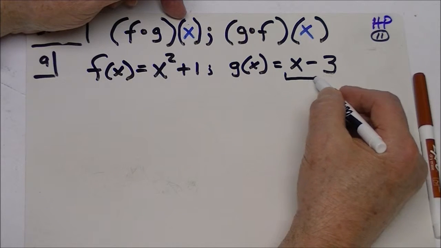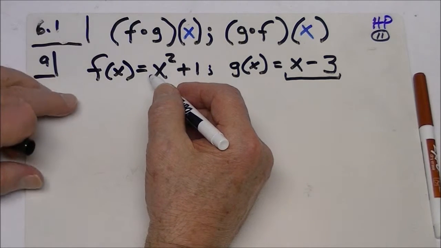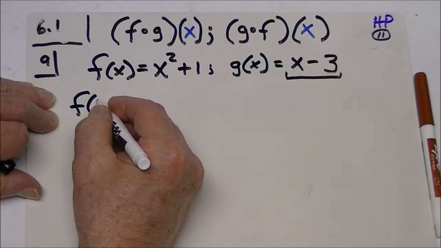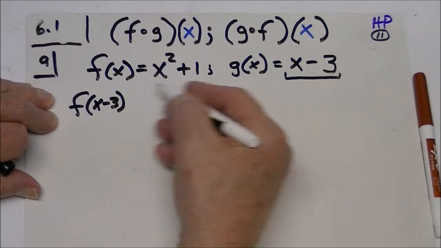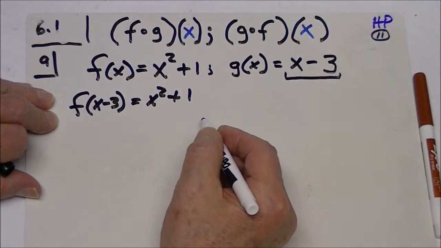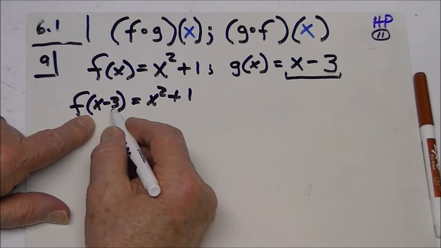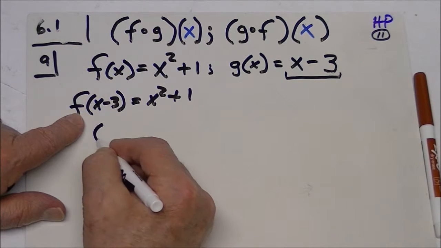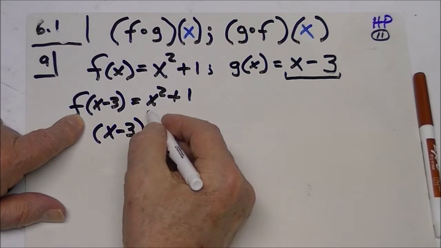So this is our x that we're now going to bring over here. So in a sense, it would be f, our x is x minus 3 now, bringing it right from there, and that is x squared plus 1. So we take this and replace the x. So it will be x minus 3, the quantity squared.